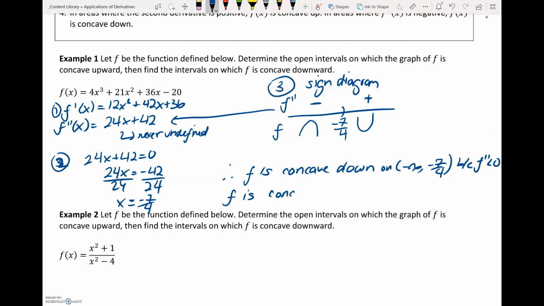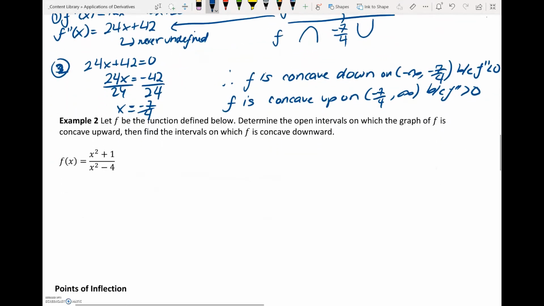F is concave up on negative 7 over 4 to infinity, and that's because f double prime is positive here. And then we're done with that question.